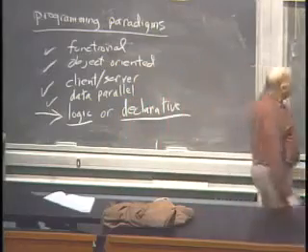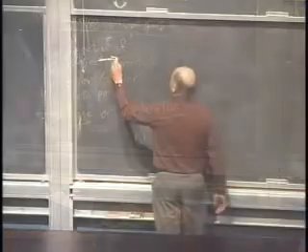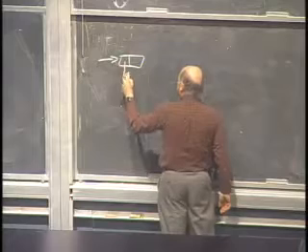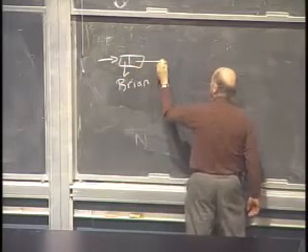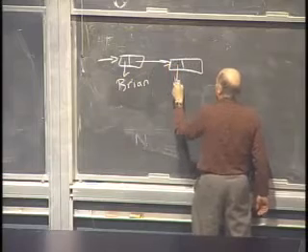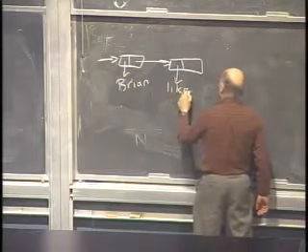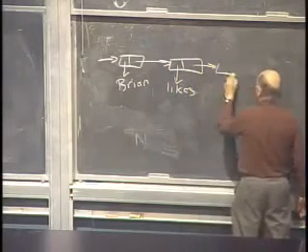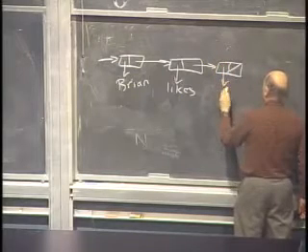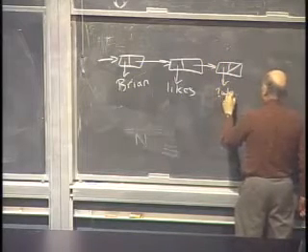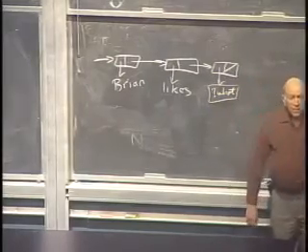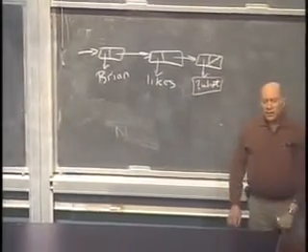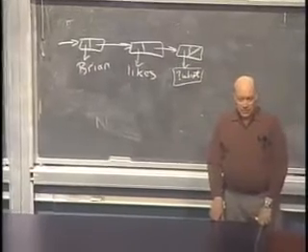So if I have a query like Brian likes, and here's my variable what, this can only match a list of 3 elements.